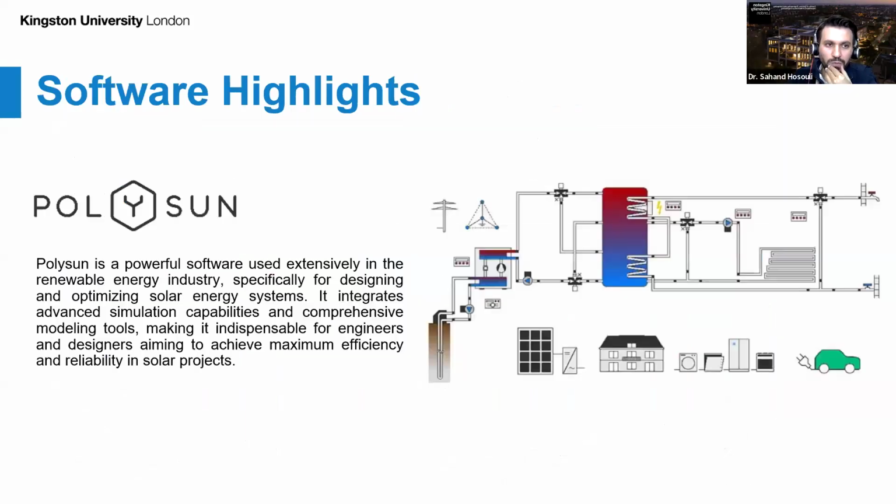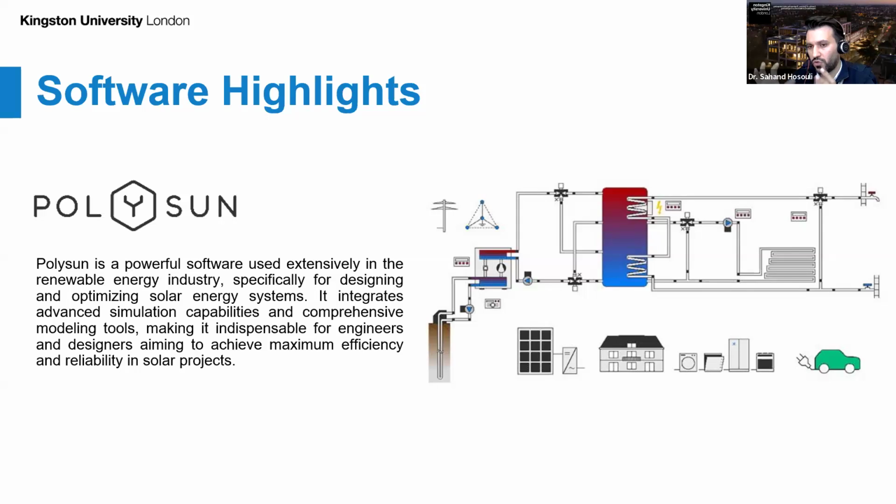In terms of software, one of the main software tools in solar system design is Polysun. It's going to be offered to all the students, and the students are going to have the chance to work with it. You're going to learn everything possible that can be done with the software, from solar PV system design to assessing the building demand, even including the white goods in the building, electricity, hot water consumption, and heating and cooling demand.